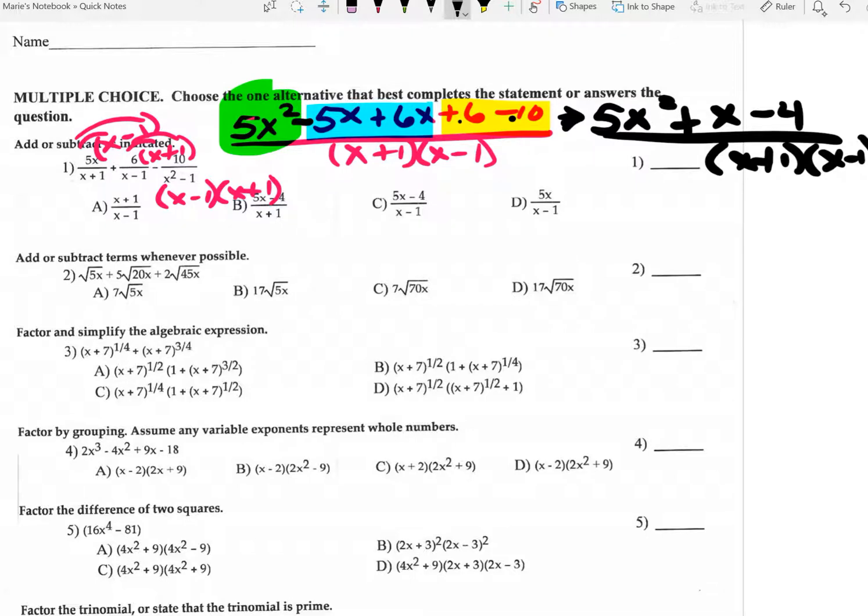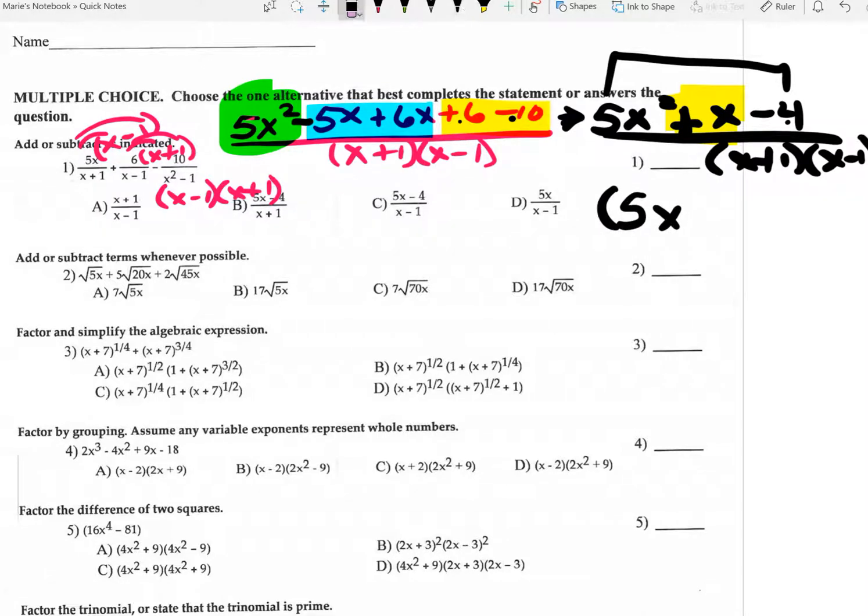I sound like the little choo-choo train. I think I can. So 5 times 4, 20. If I think of the factors of 20 that are 1 unit apart, and I'm focusing on this number when I say that, I can think of a FOIL where I would do, say, 5x.